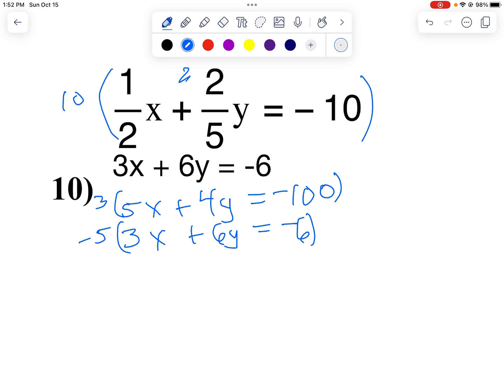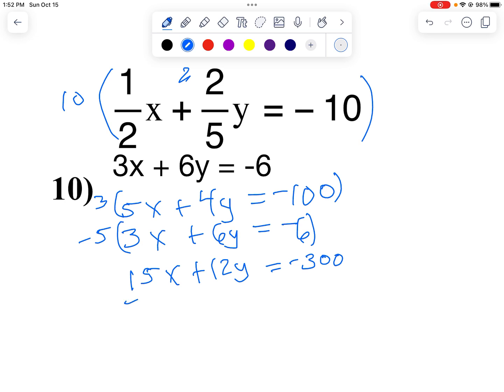So let's write that below it. 3 times 5x is 15x. 3 times 4 is 12y. And 3 times -100 is -300. I'm getting some big numbers here, aren't I?